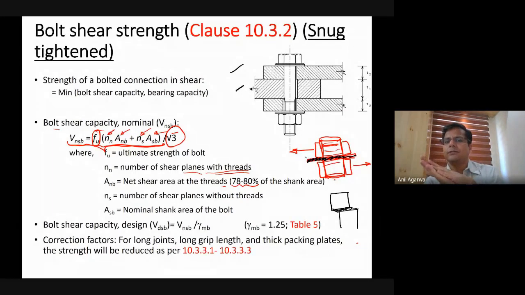So the yield deformation will not be large enough to make the structure unusable, and we can continue to use the structure. Okay. However, once this deformation becomes so large that it reaches Fu value, then there is a serious risk of rupture, and that's what we want to prevent. So that's why the limit state is Fu.